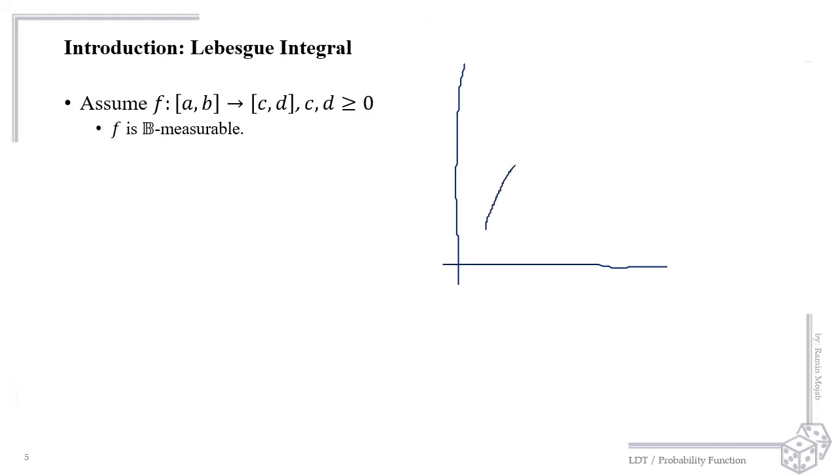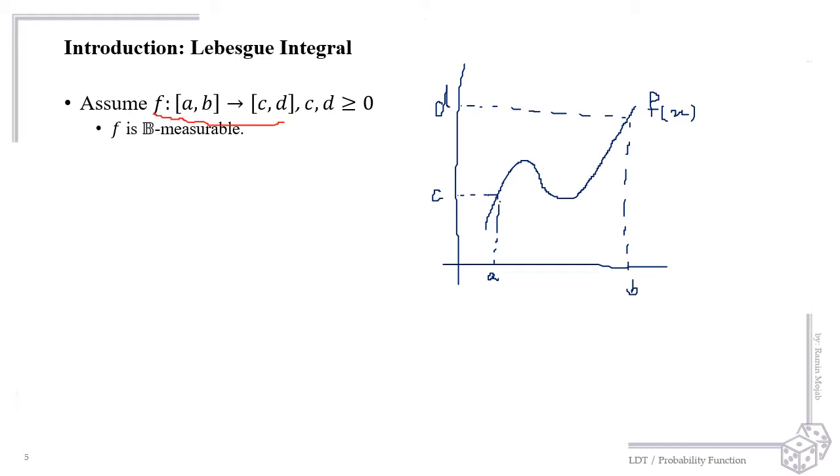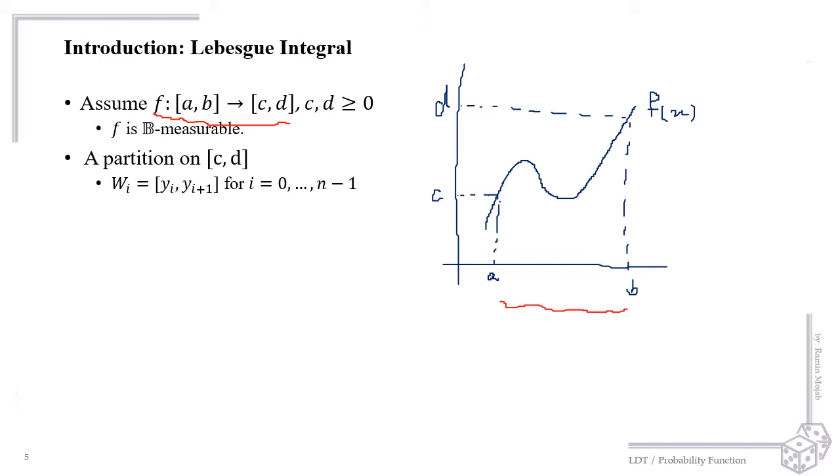There is another logic that we can use and calculate the area of a bounded region. Let's say that this is the function f of x, and this is a, and this is b, and here we have c, and we have d here. In other words, we have this function here. Here, instead of partitioning this region or the domain, we'll partition the codomain of this function.